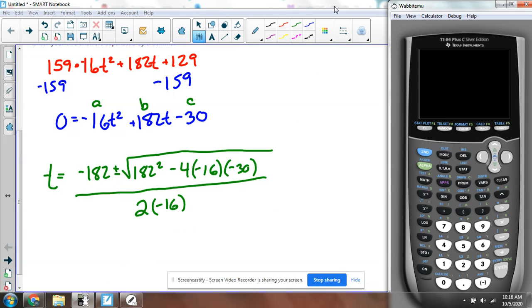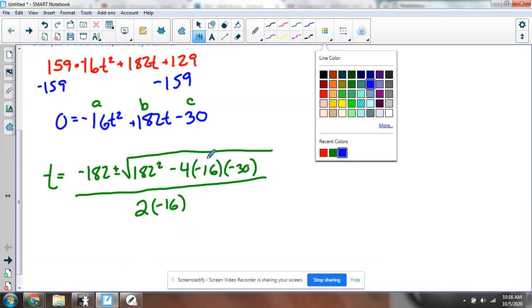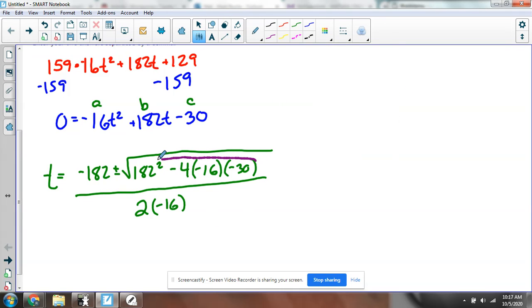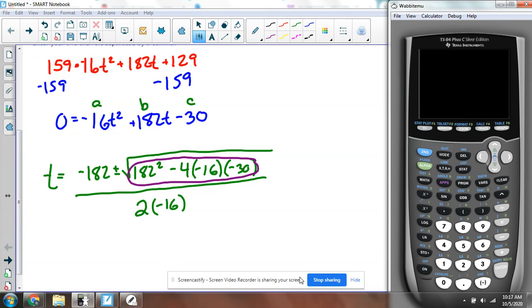So the first thing I'm going to do is start by simplifying this inner part here, under the square root. This is called the discriminant. I'm going to start by figuring out what that is first. I always start there with the quadratic formula.